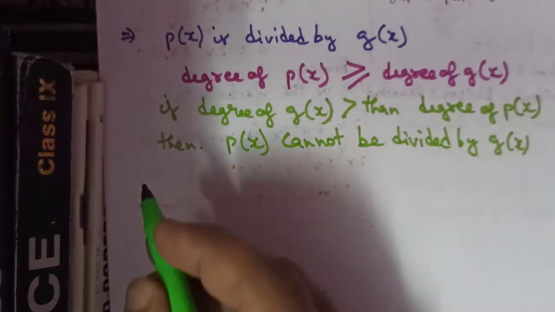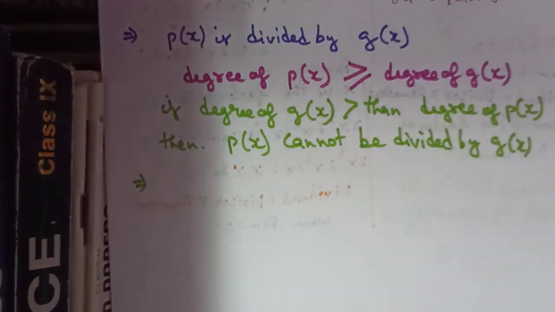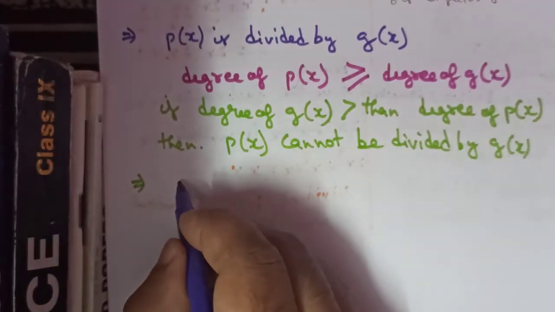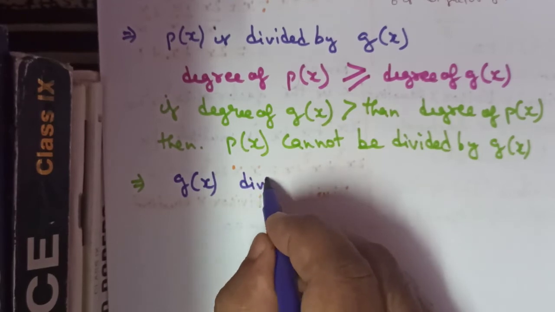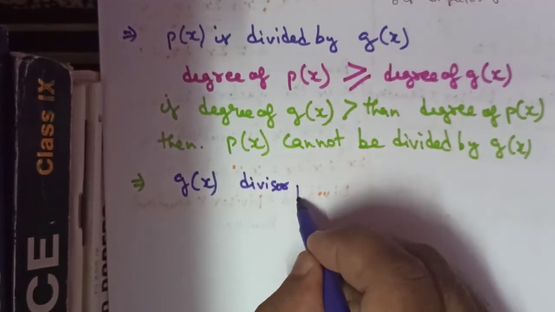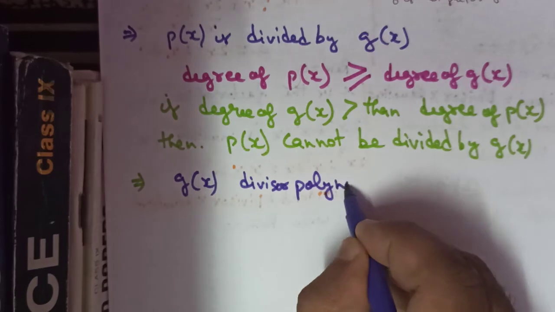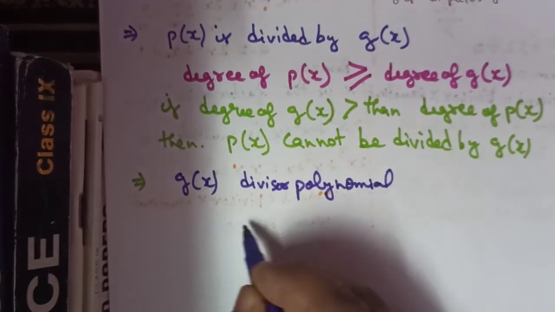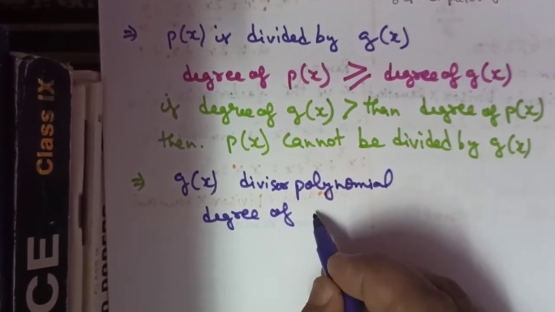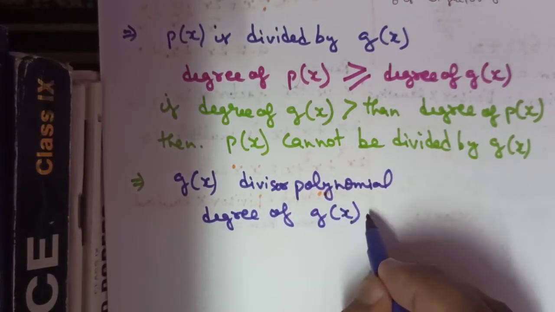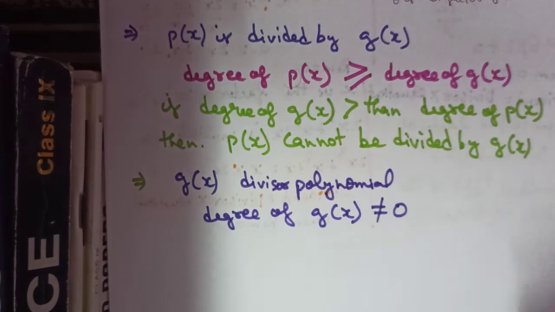Okay, second point is that the divisor polynomial, that is gx, the degree of the divisor polynomial, degree of gx, cannot be equal to 0.